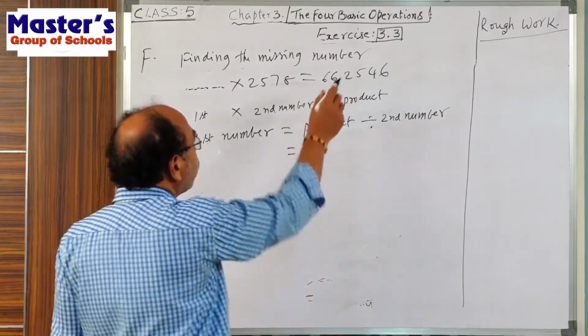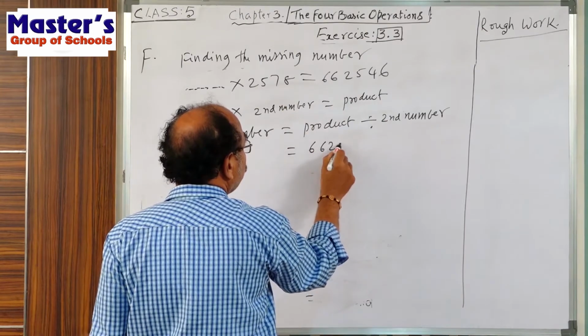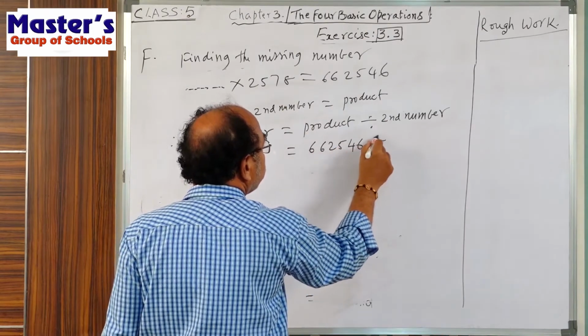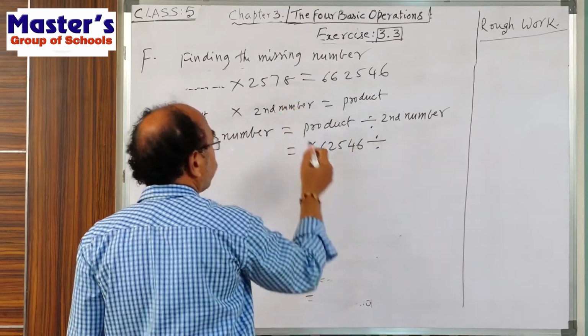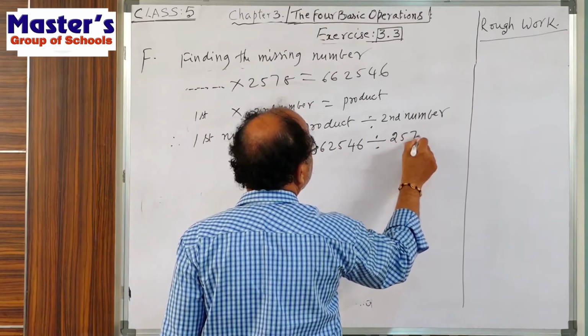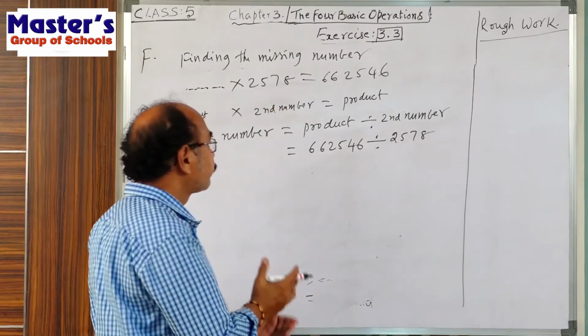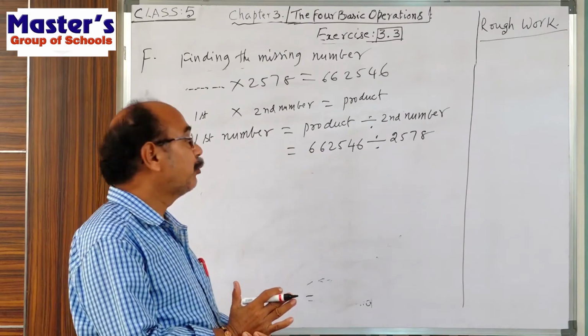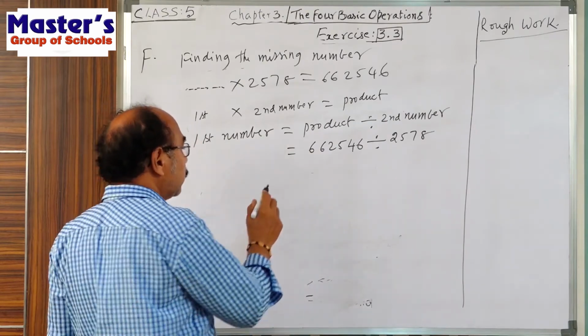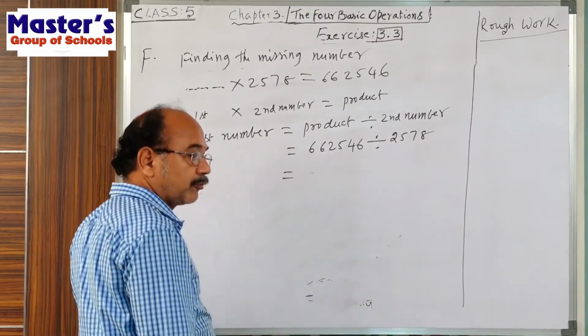What is the product here? 662546. It is to be divided by the second number, 2578. Then you will get the first number. Now, I will show you the detail.